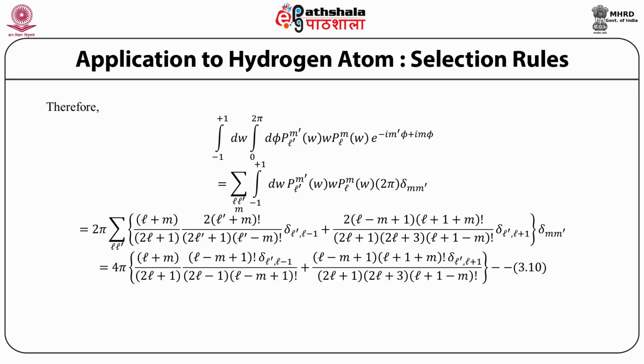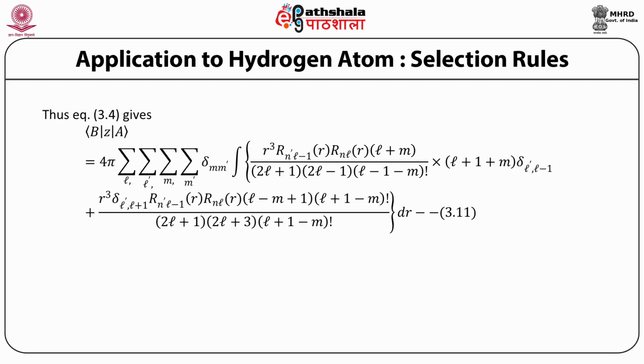And of course, we have the delta of m m' coming from the phi integral. This becomes 4π into (l+m)(l-m+1)! delta l' l-1 divided by (2l+1)(2l-1), plus (l-m+1) into (l+1+m) delta of l' l+1 and denominator (2l+1)(2l+3)(l+1-m)!.